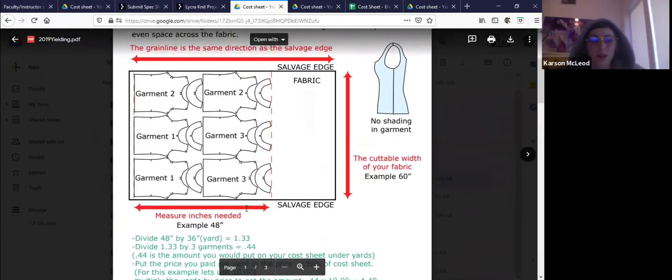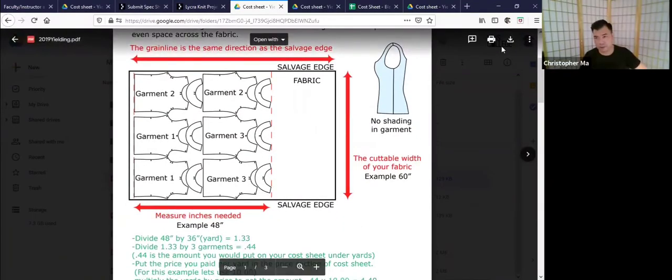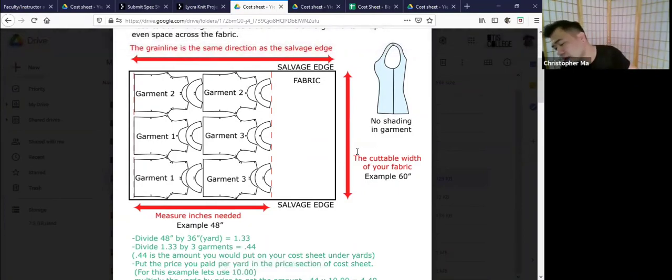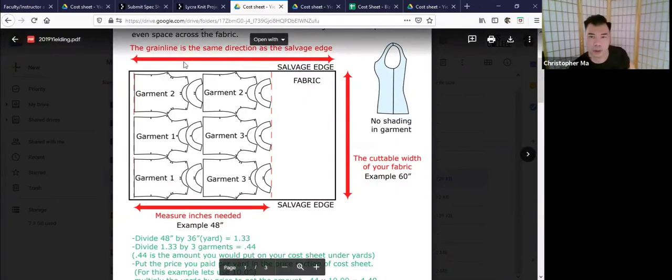Okay, let me try to use a different pen. If you just use this one and this one, and that's a facing, right? What you end up having is an empty space.